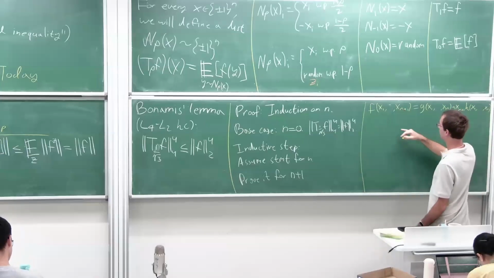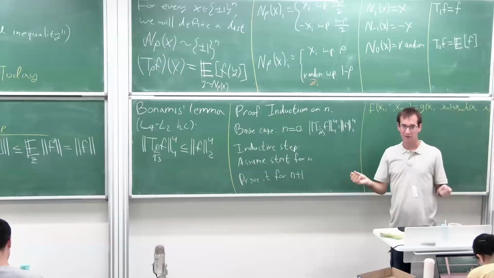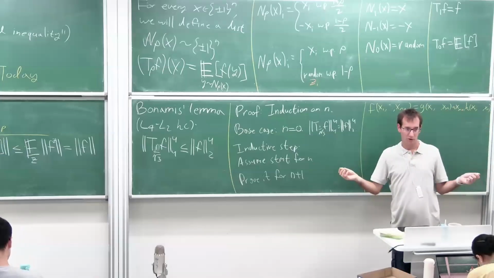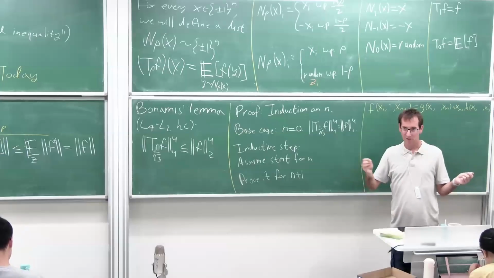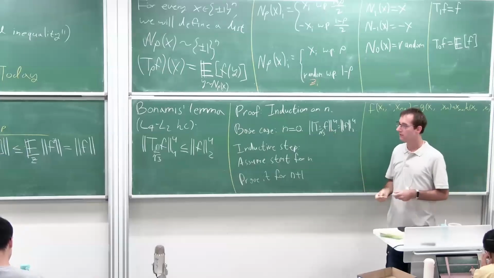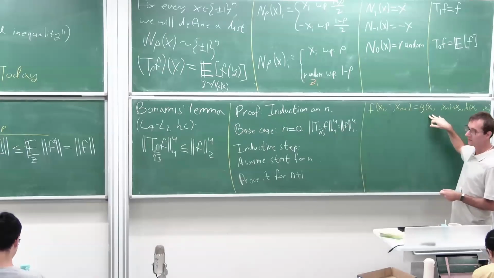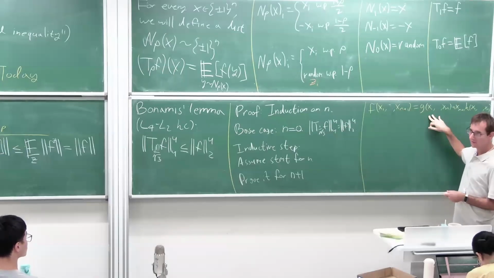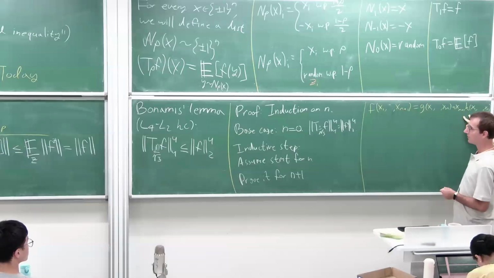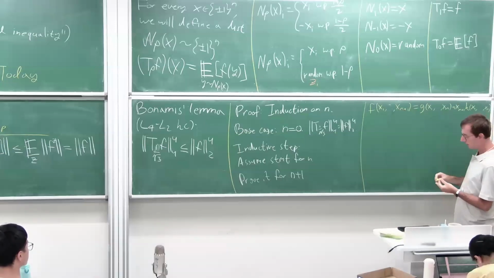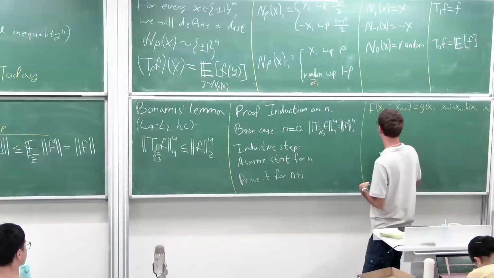So we think of the Fourier expansion of f as just a multilinear polynomial, a polynomial where no variable is squared. And we just separate it into the part not mentioning x_{n+1} and the part mentioning x_{n+1}.